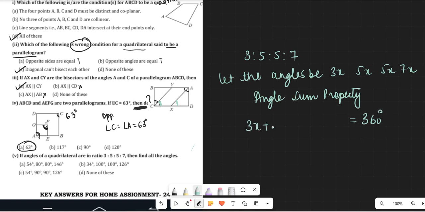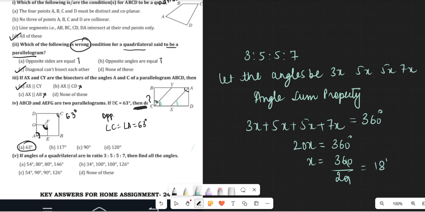So we add all angles: 3x plus 5x plus 5x plus 7x. So 8, 13, 20. 20x is equal to 360 degrees. x will be equal to 360 divided by 20, which will give me 18 degrees.